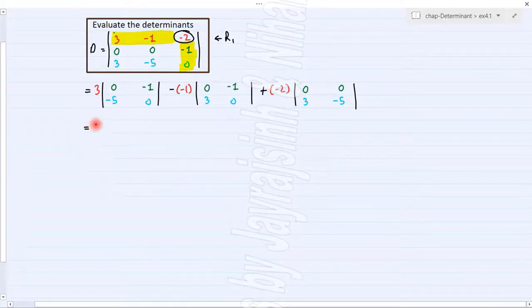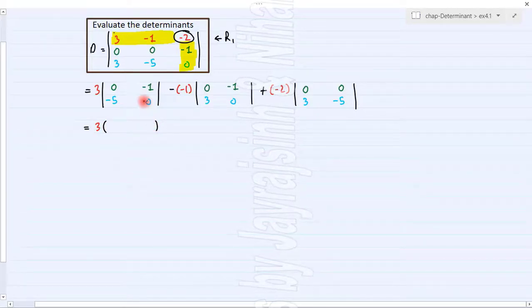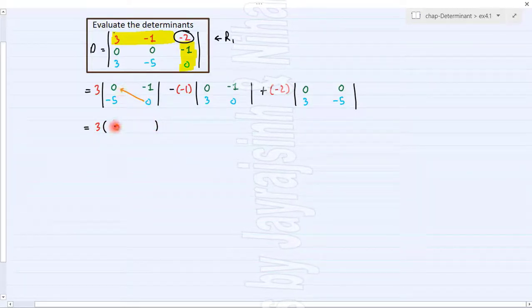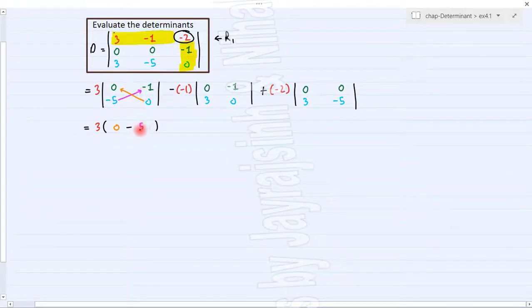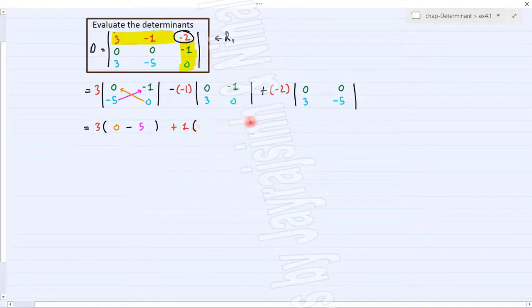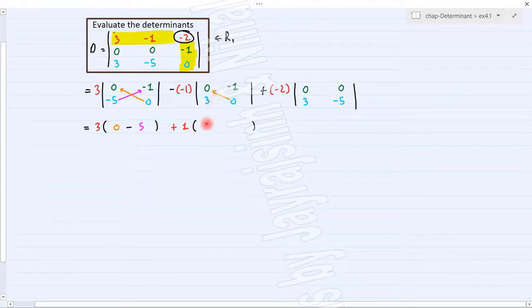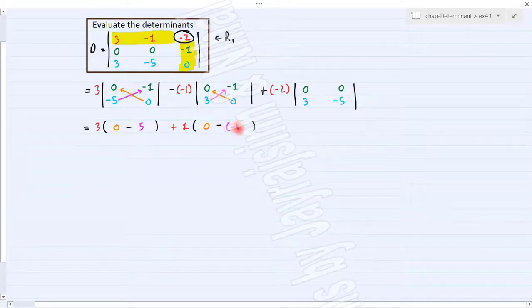Now in further simplification, your 3 will be as it is and open the determinant. 0 zeros are 0, minus 5 minus 1s are 5. Then minus minus become plus 1 into 0 zeros are 0, minus 3 minus 1s are minus 3.